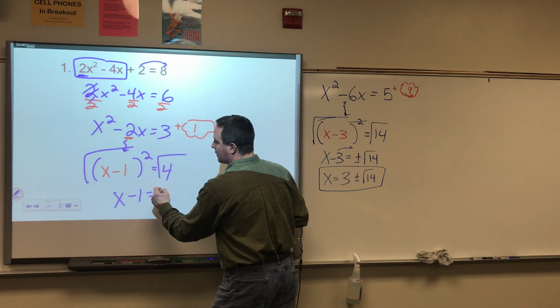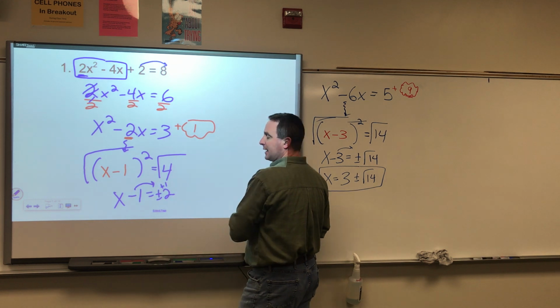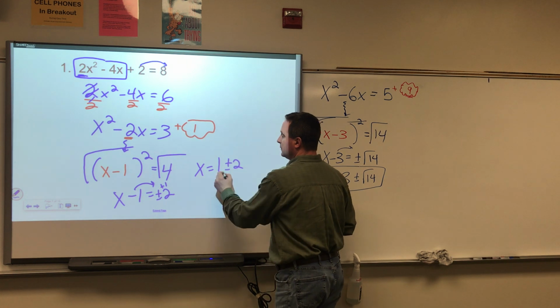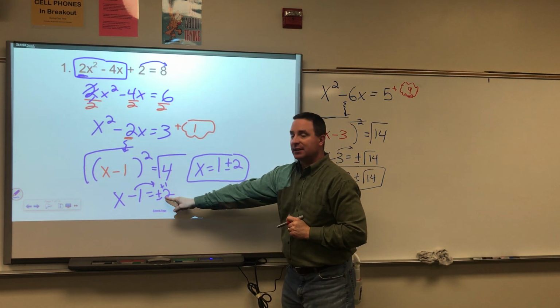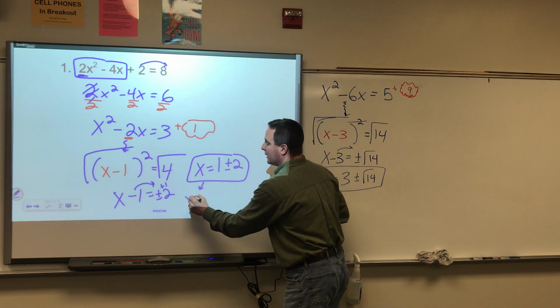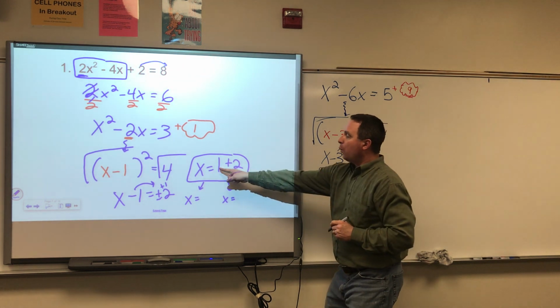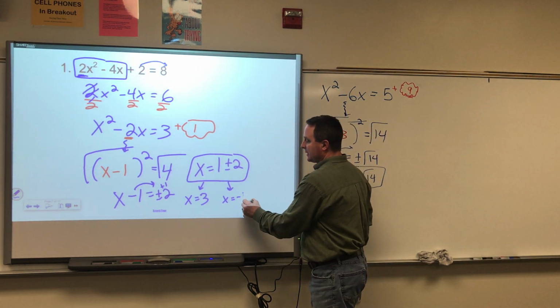x minus 1 equals plus or minus 2. And then I can add my 1 again, so I get x equals 1 plus or minus 2. And now because this 4 was a perfect square, it gave us a nice number, we can actually go one step further and write 2 nice answers. 1 plus 2 is 3, and 1 minus 2 is negative 1.